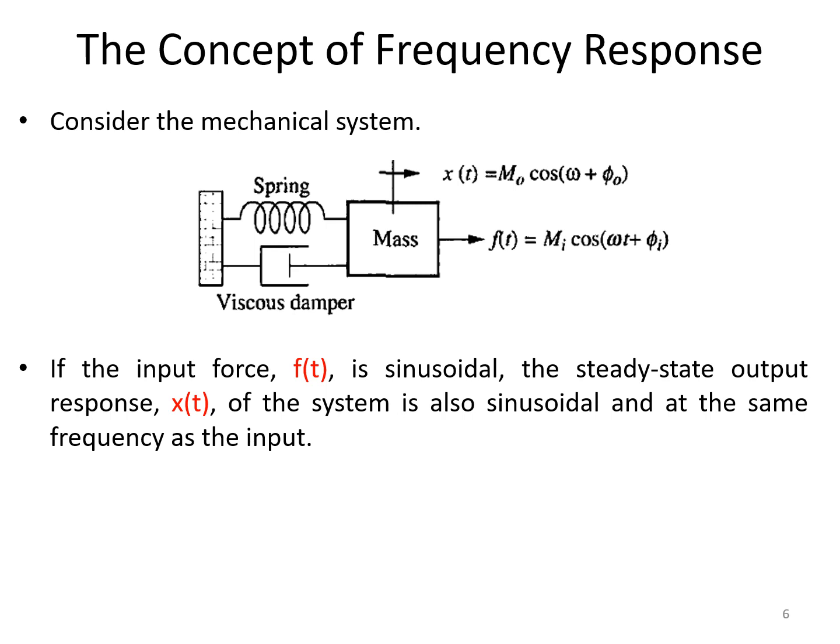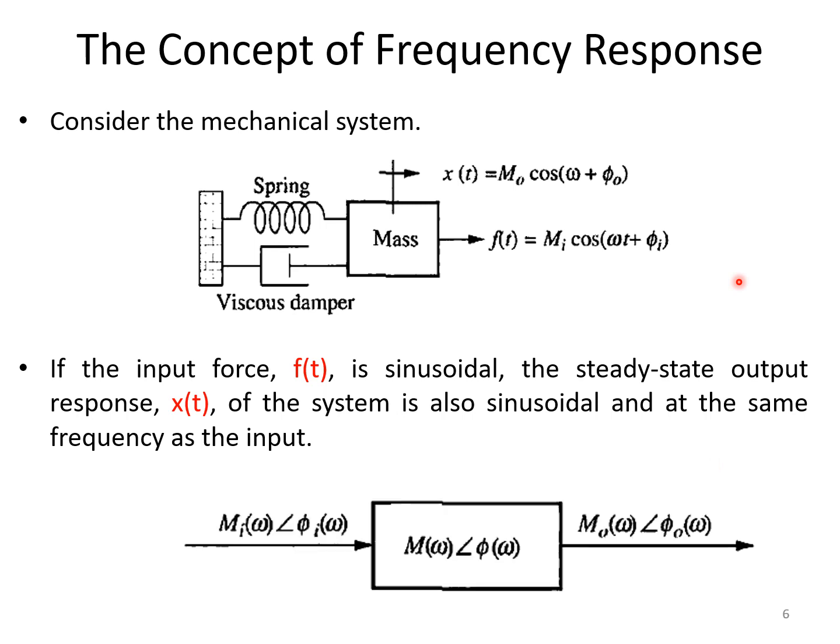Okay, now let's take a mechanical system which has a spring, a damper and a mass. Here the input, the applied force f of t, is taken as m i cos(omega t plus phi i). If the input force f of t is sinusoidal, the steady state output response x of t of the system is also sinusoidal with the same frequency as the input.